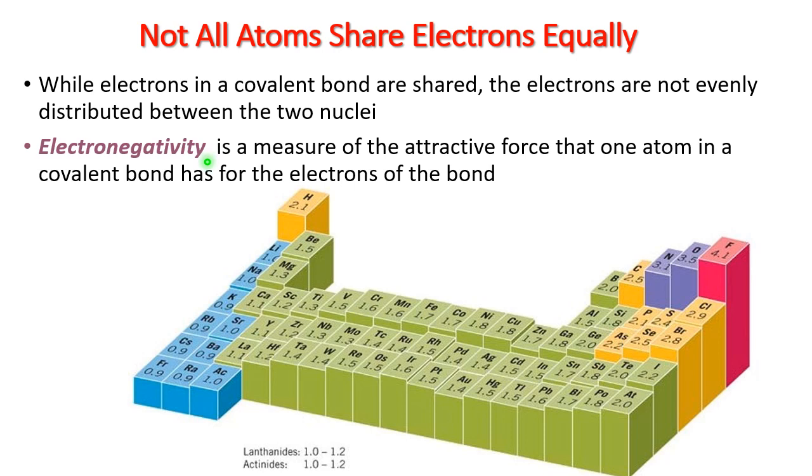There are several scales of electronegativity, all of them giving approximately the same number between 1 and 4, or well, slightly less than 1 and maybe slightly higher than 4.